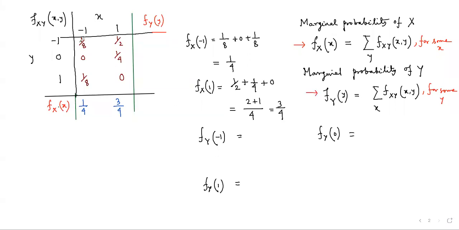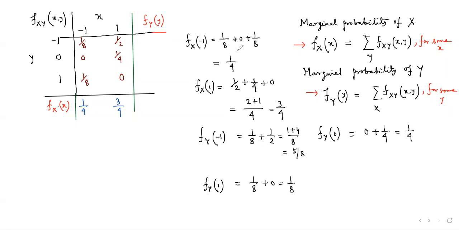I am going to take the first row, and I'm going to add 1/8 and half, which is 5/8. For the second one, I'm going to add 0 plus 1/4, which is 1/4. And for the third one, I'm going to add 1/8 and 0, which is 1/8.